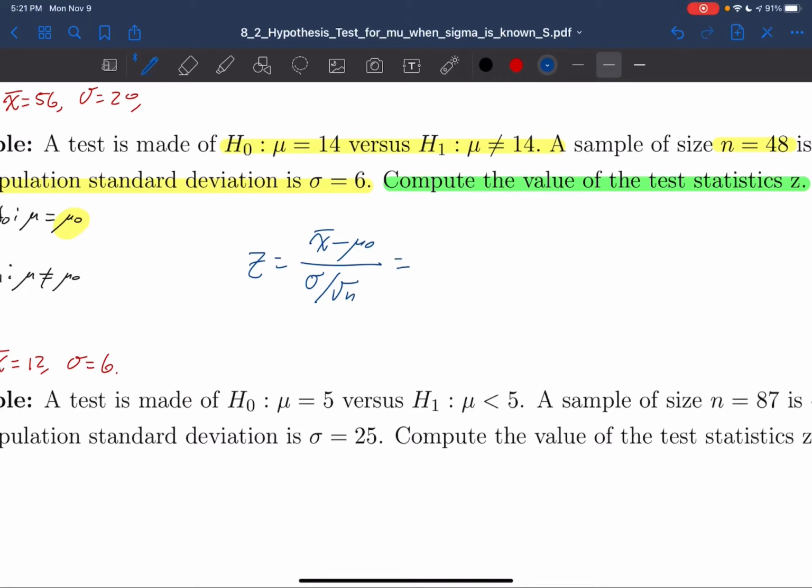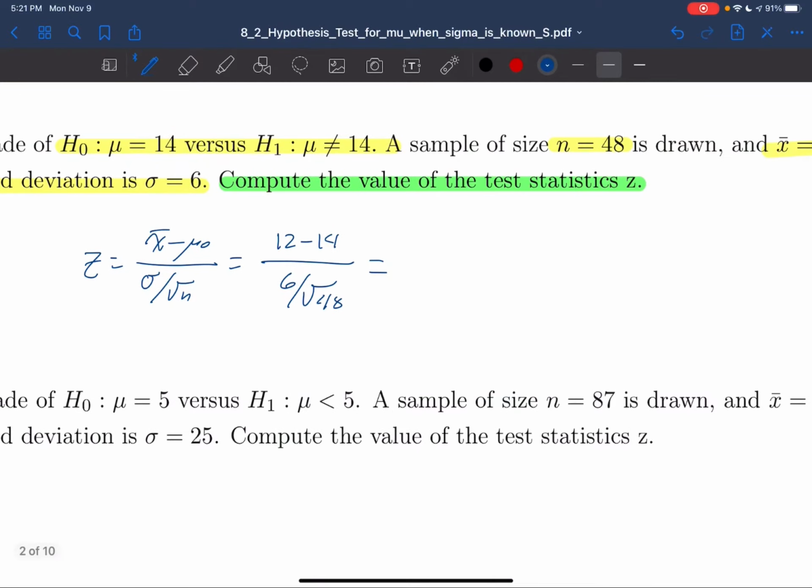So if you put all the values in, this is going to be 12 minus 14 divided by 6 over square root of 48. And this is going to be equal to negative 2.3094. Or if you round to two decimal places, it's going to be negative 2.31.